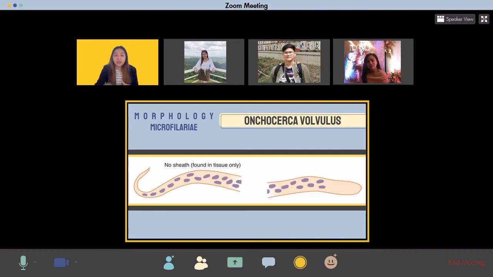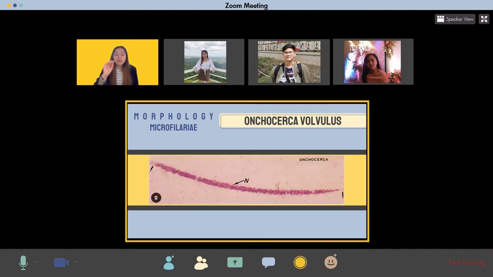Also, the other feature that we can see in this drawing is that the Onchocerca volvulus microfilaria does not contain any sheath. Next, here we have the microscopic image of the Onchocerca volvulus microfilaria, and as you can see, again, the body nuclei throughout the body are equally distributed. Also, there's no presence of sheath, and there is no terminal nucleus in this image.